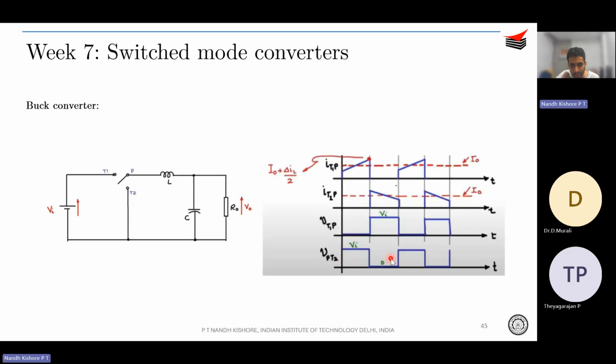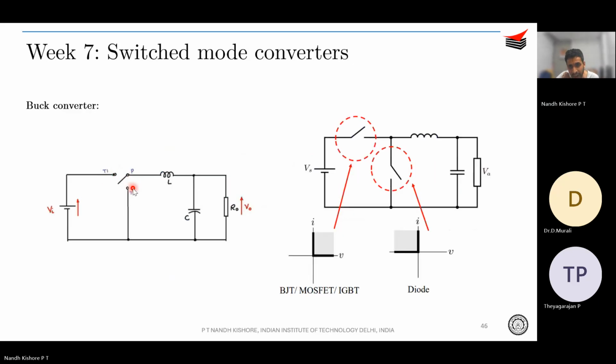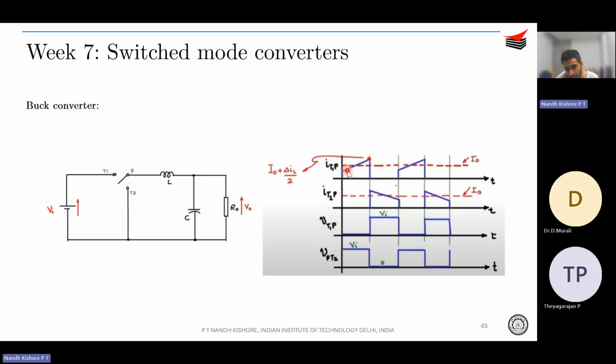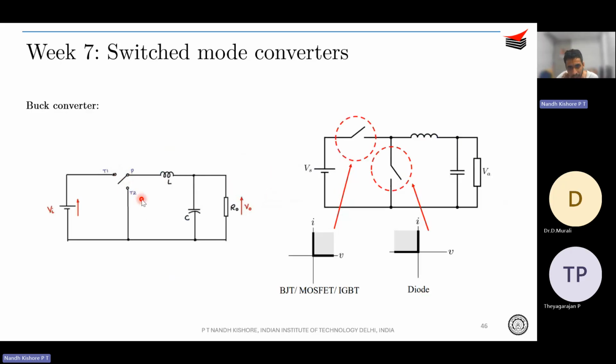Specifically, you also saw how to design for the values of switches, for VT1P and VT2P, IT1P and IT2P. Based on that, you can recognize in what quadrant the devices are going to operate.